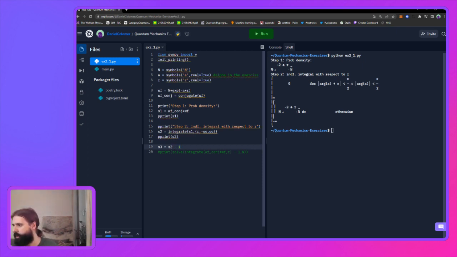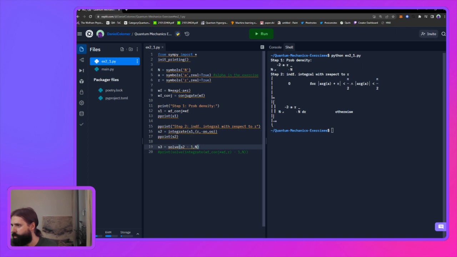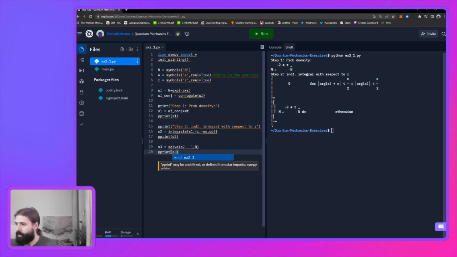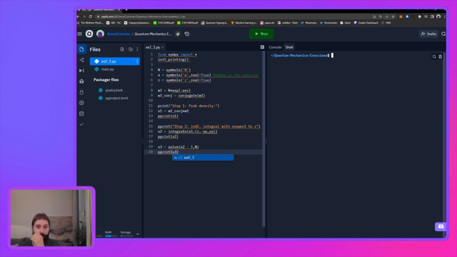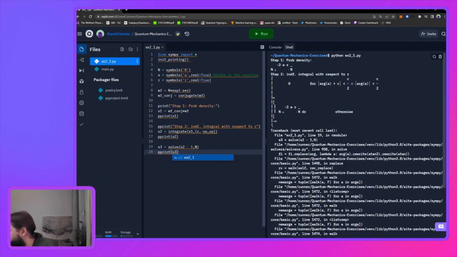And so what we're doing is solve for n, and so now we're doing pprint S3 because we want to find the n that makes that equation equal to 1. Boom. What's going on here?